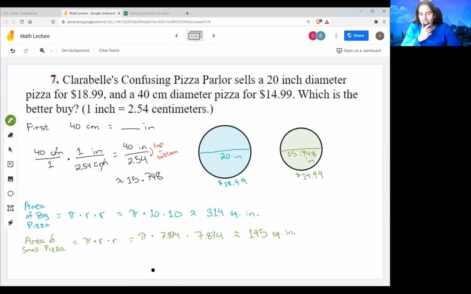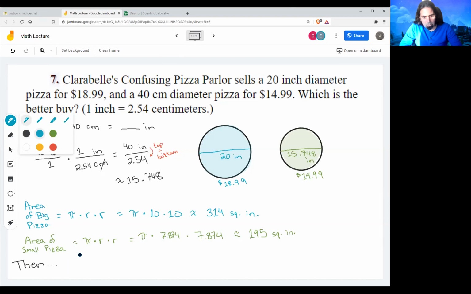Okay, so we know the areas. How do we know how good a deal we're getting? Price divided by area. Sure.